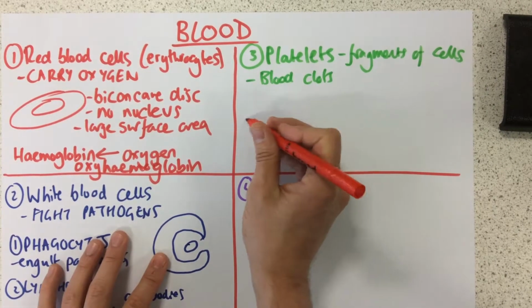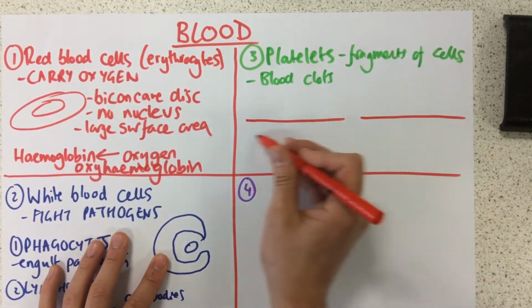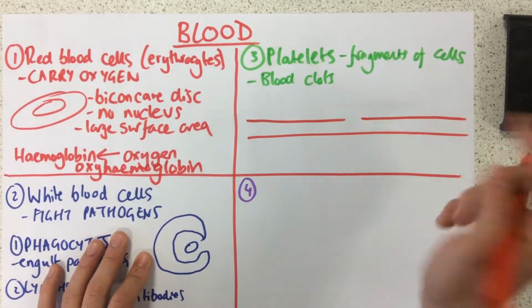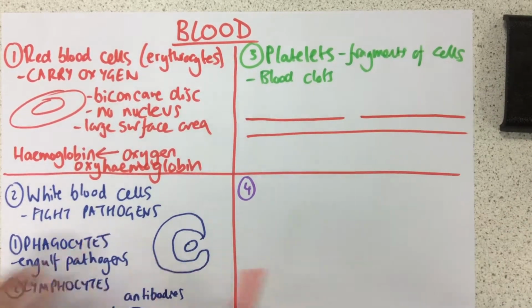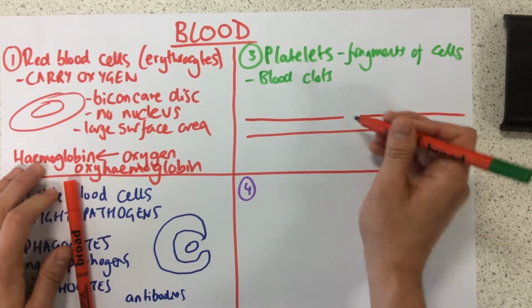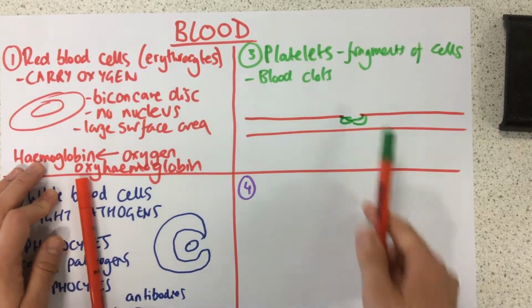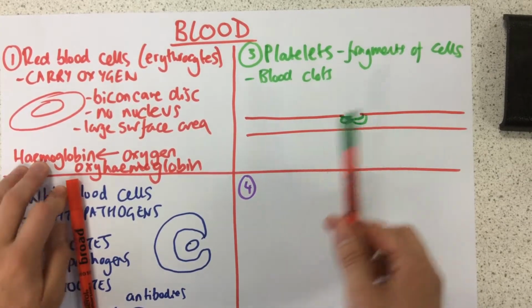Let's say this is a blood vessel here, and unfortunately we've hurt ourselves and we've got a cut in this vessel here. Obviously, we'd be losing blood right here. What the platelets do is clump together and form a clot.